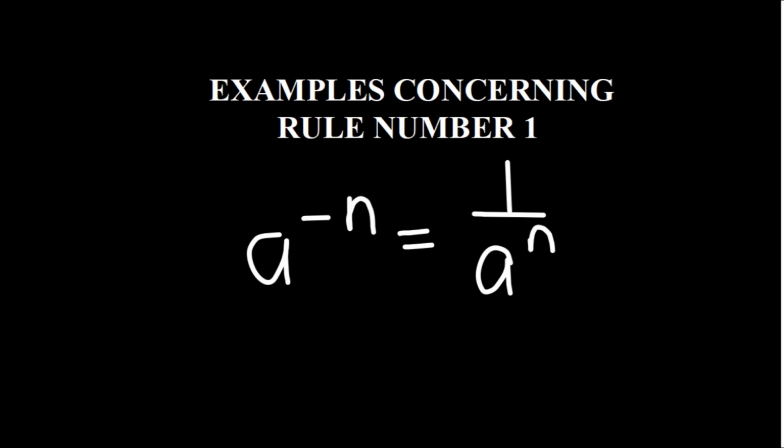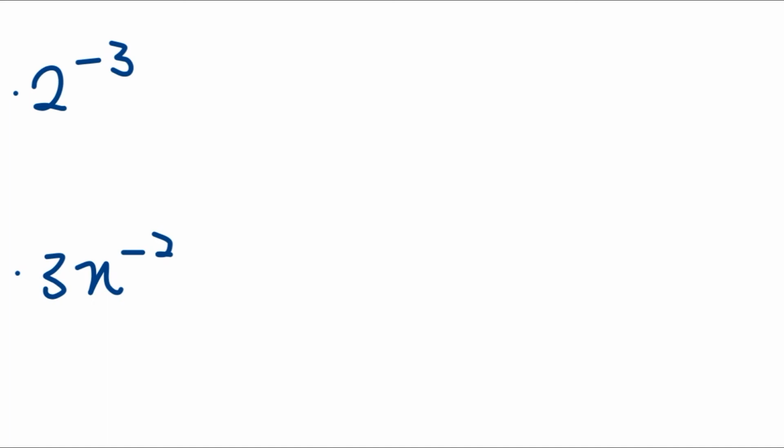Now let's take a closer look at examples to see how we can apply this rule. If you have 2 to the power of negative 3, how can you write it as a positive exponent? Well, this negative sign will become a division line. Then 2 will sit on the denominator, and you will raise it to a positive exponent of 3, and then the numerator will become 1.